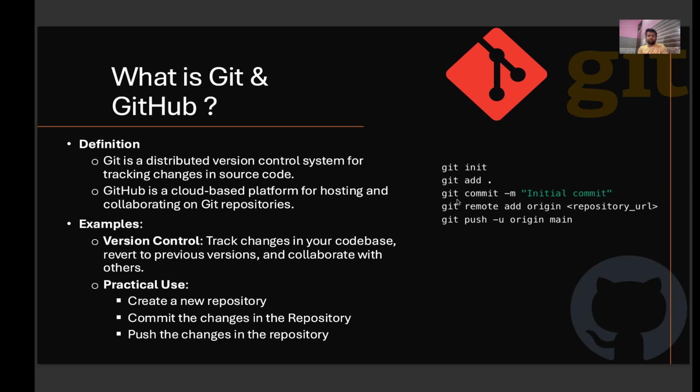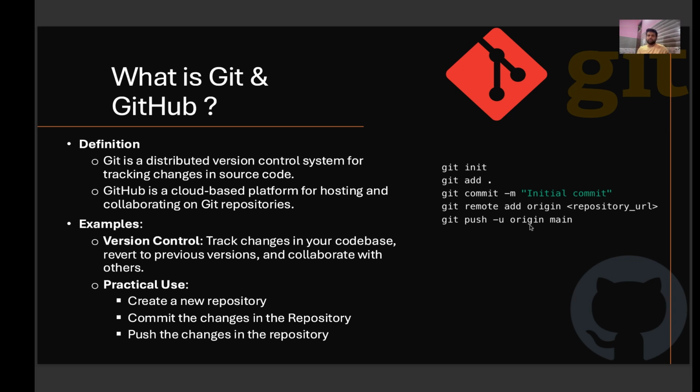We mainly do an initial commit for the first time you are committing, and then git remote add origin with the repository URL. If you have created a repository URL, I will show you how to create the remote origin by the command line as well as on a GUI.